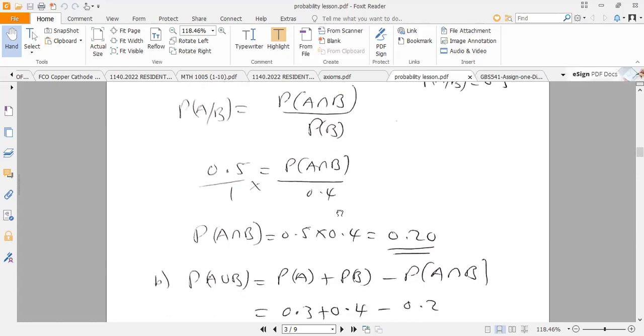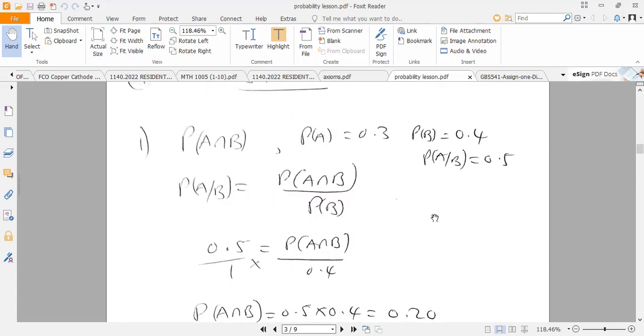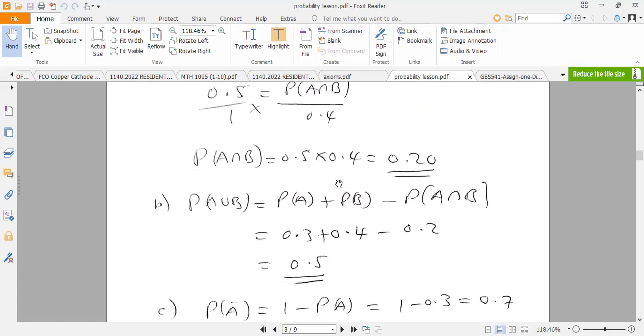Then how do you find the union set? A union B, we're going to have A plus B minus the intersection. So where there is A, we're already given A as 0.3 and B is 0.4. So here you put 0.3 and here 0.4, then minus the intersection of A and B, which is 0.2.